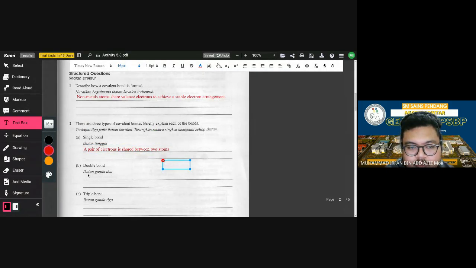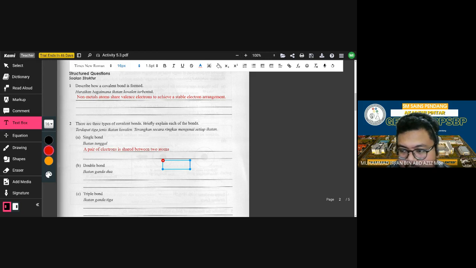Okay, how about double bond? A pair of electrons, like a pair of scissors. Two pairs of electrons are shared between two atoms. Yes, the single bond answer like that is fine. A pair of electrons is shared between two atoms. Earlier you already know a single bond is a pair of electrons.